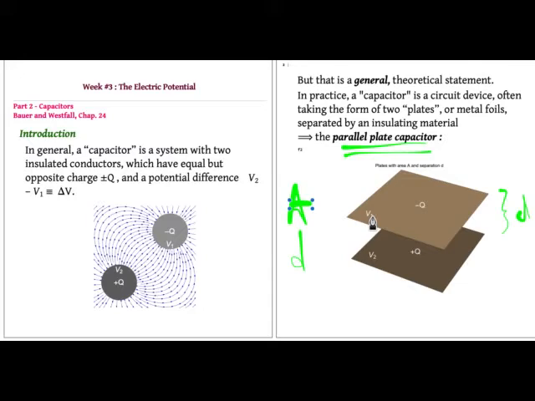But the charge and the potential are proportional. So when you take the ratio, the charge cancels out, and you end up with a quantity that only depends on the geometrical parameters.